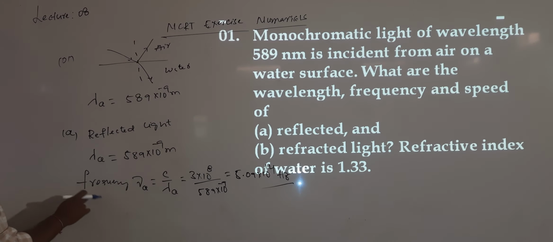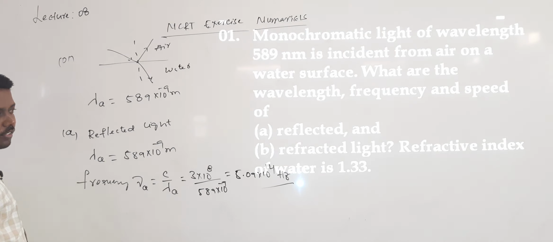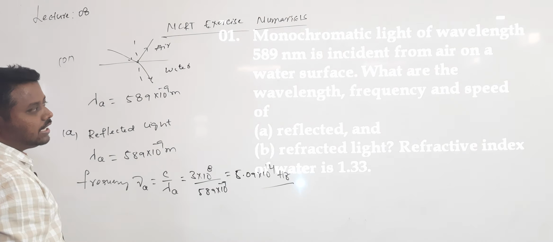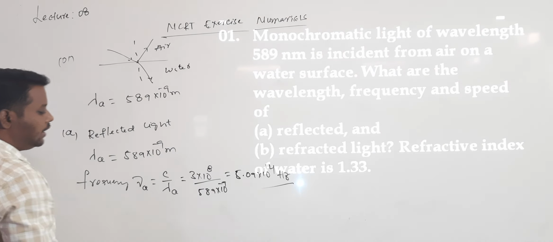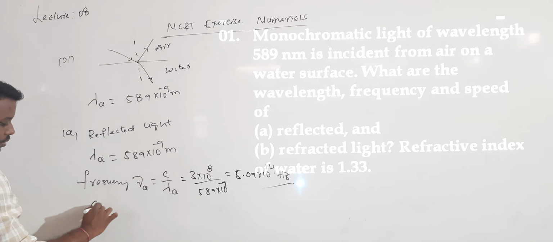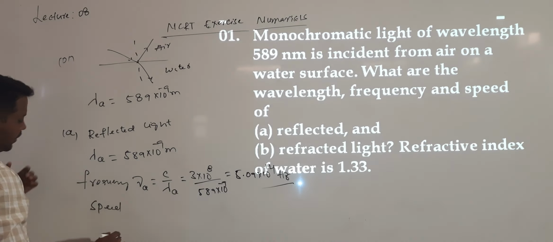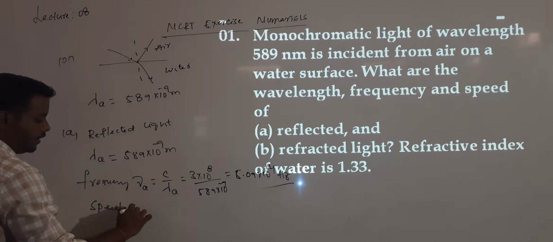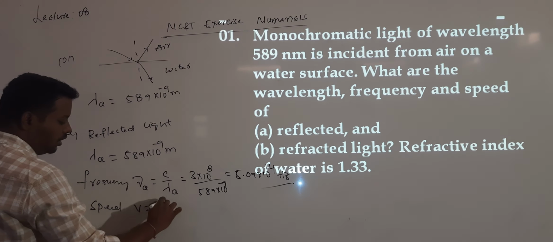This is the frequency of the reflected wave. They are asking us to calculate wavelength, frequency and speed. If I want to calculate the speed in air, the formula is V is equal to nu into lambda.